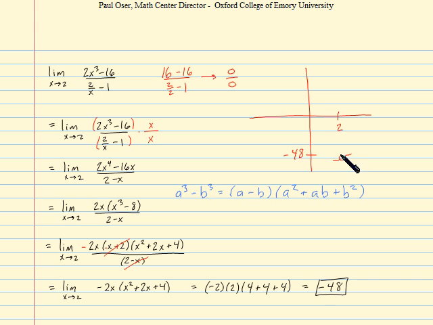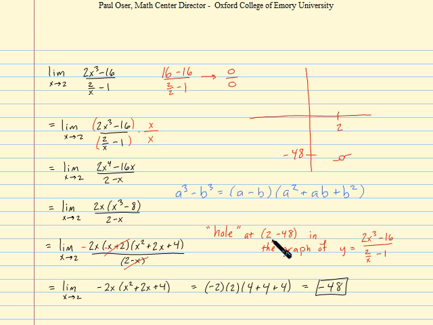Okay, notice we haven't said anything about what happens at 2. The limit only describes what's happening to the immediate left and the immediate right of this x value. However, we know from this earlier calculation that if we just tried to plug in 2, we would get an undefined value. So there is actually a hole here, and that is our graphical interpretation.